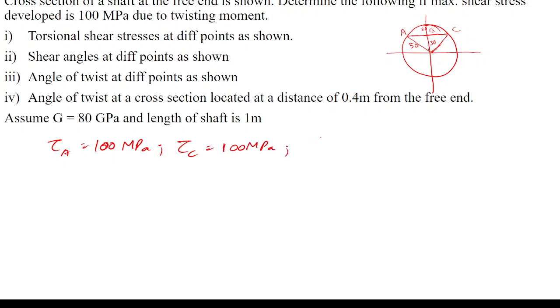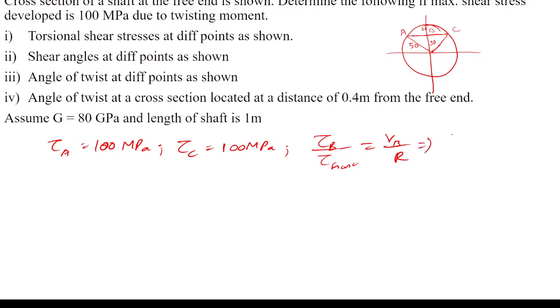And how can you find the shear stress at point B? Tau by tau max equals r by R. Here, tau B by tau max equals RB by R max, which is nothing but the radius.